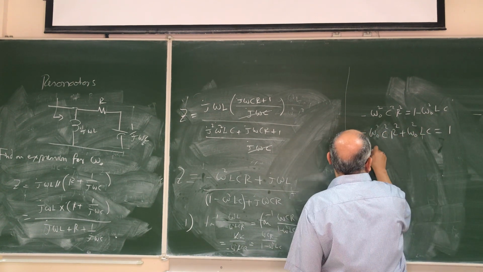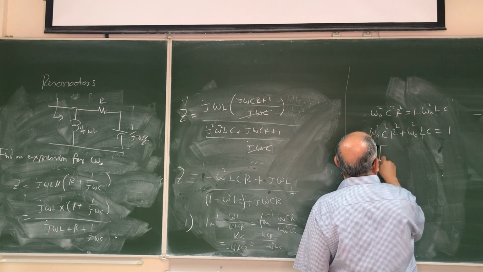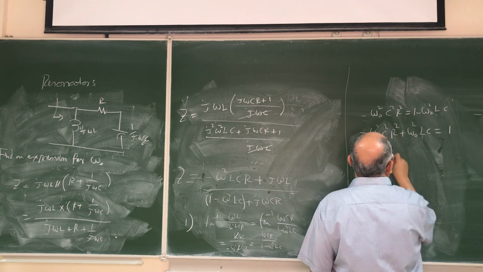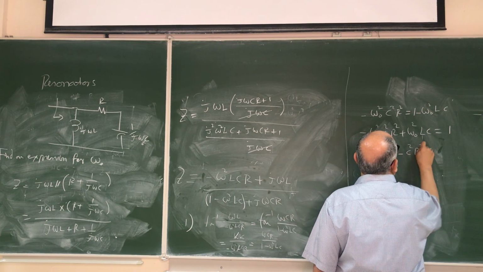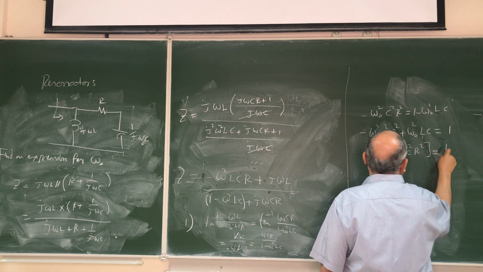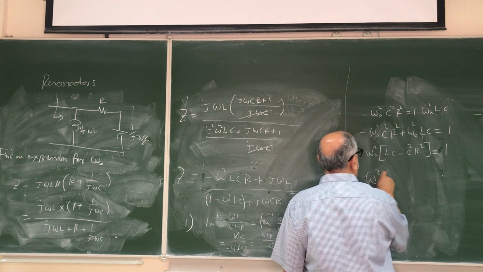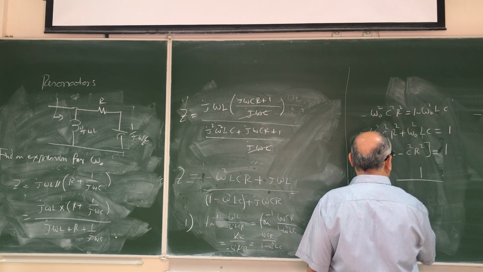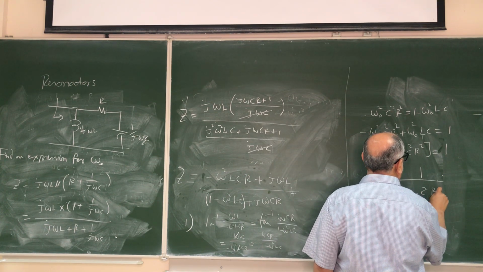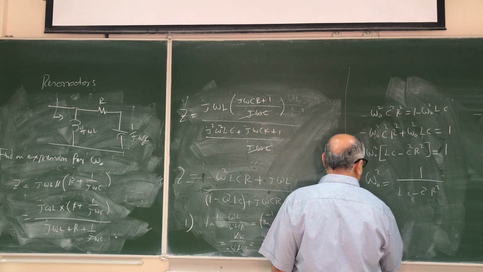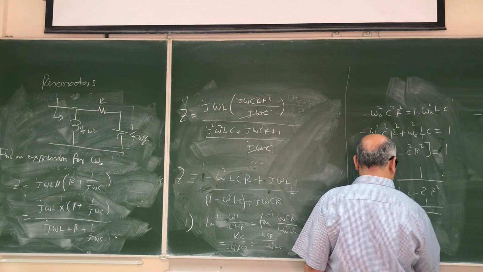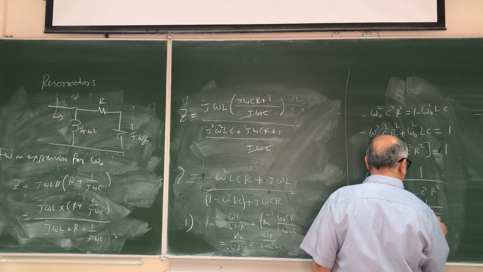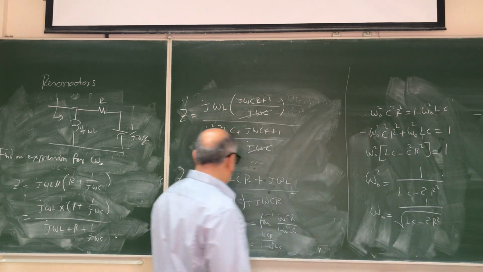Taking omega naught squared as a common factor, we have LC minus C squared R squared, equal to 1. So omega naught squared is equal to 1 over LC minus C squared R squared, and hence omega naught is equal to 1 over the square root of LC minus C squared R squared. So this is one way.